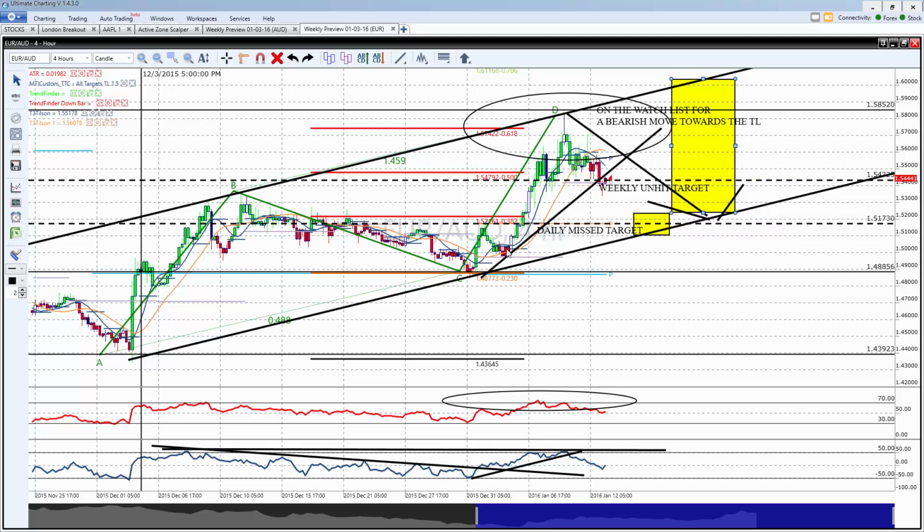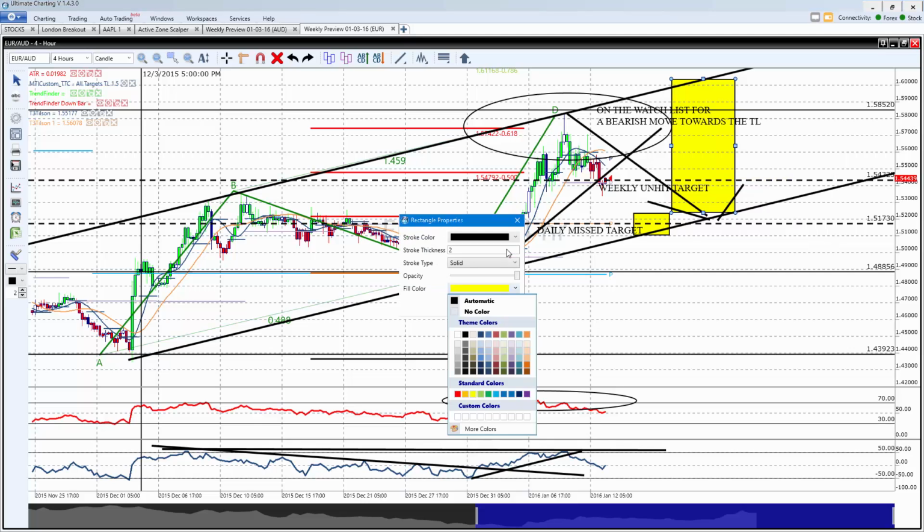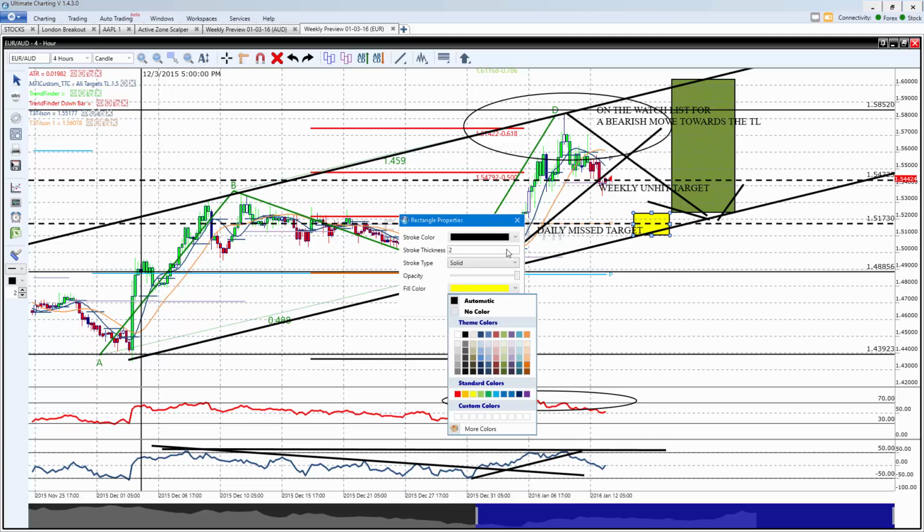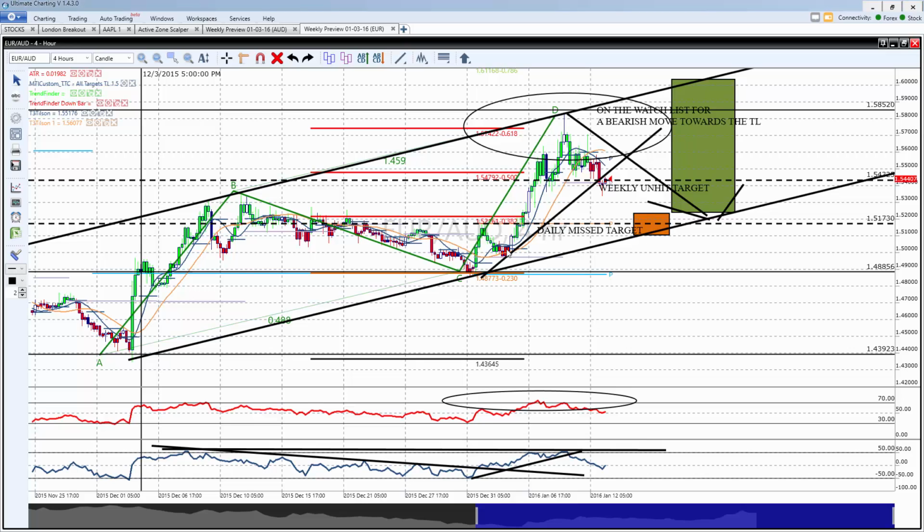Okay. Profit target. And risk. So you risk this much to gain that much.